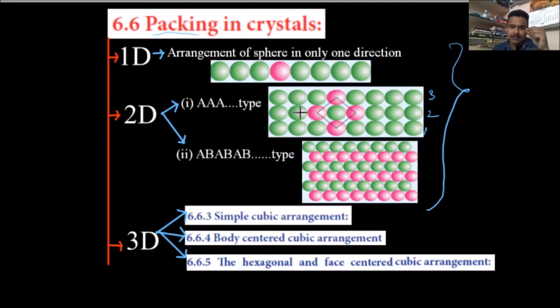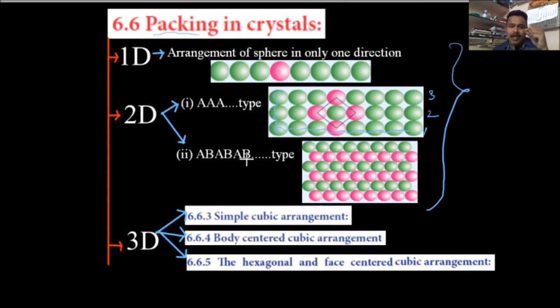So we observe side by side that their centers are in one line vertically, and horizontally also in one line. This one dimensional arrangement is repeated horizontally and vertically like this. Then what we got, this two dimensional arrangement, is all similar, so that is AAA type.